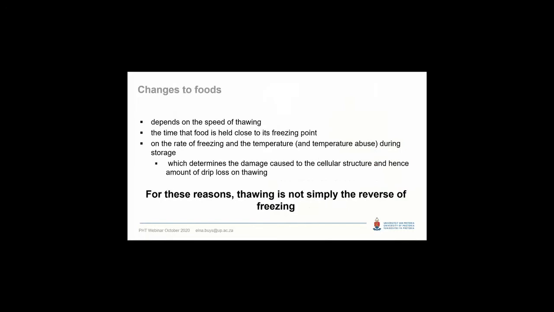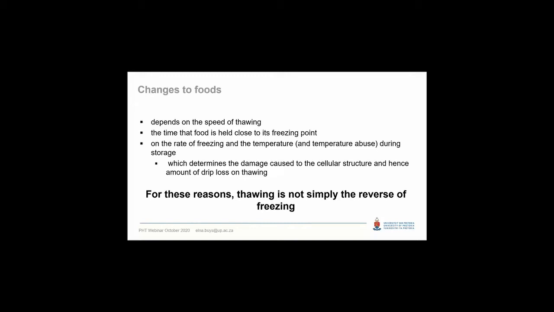So when we look at the changes to foods during thawing, the changes the food will experience depend on the speed of thawing and the time that the food is held close to its freezing point. The changes also depend on the rate of freezing and the temperature, and possibly temperature abuse during storage, which determines the damage caused to the cellular structure and hence the amount of drip loss on thawing.